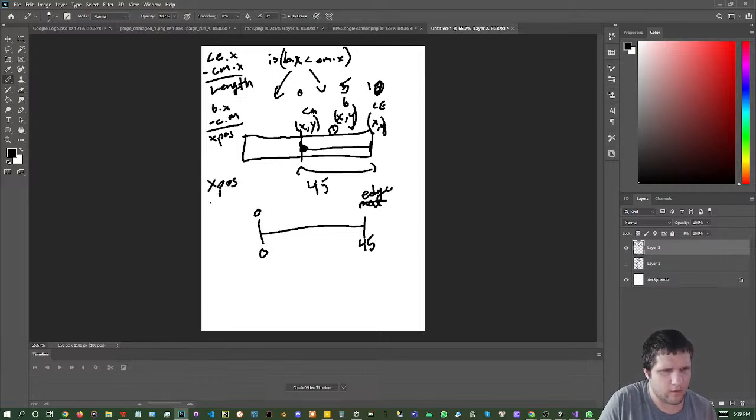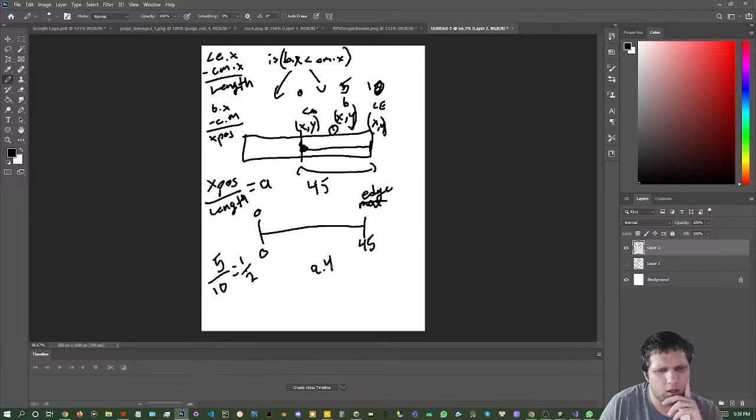The x over the length, or in this case, it would be 5 over 10, which would equal 1/2. And whatever this equals, say it equals A, we need to multiply that with 45.